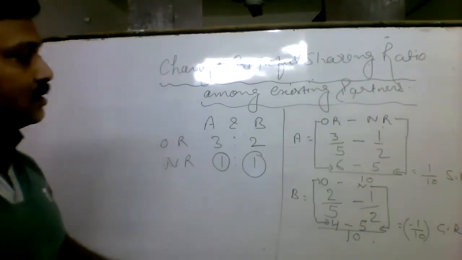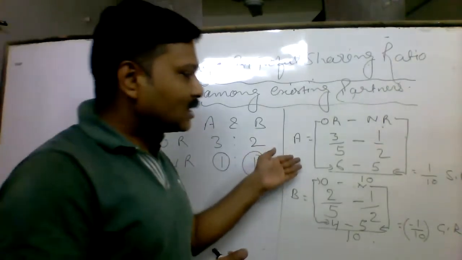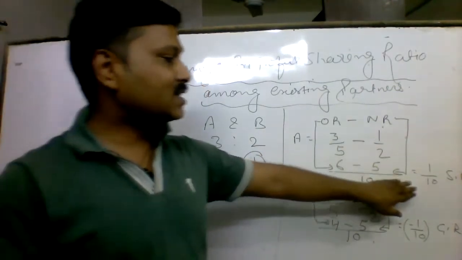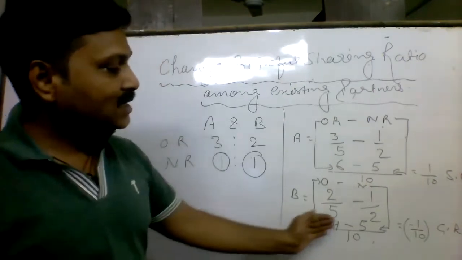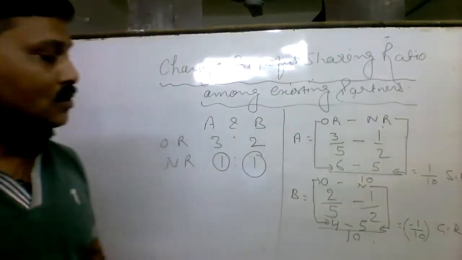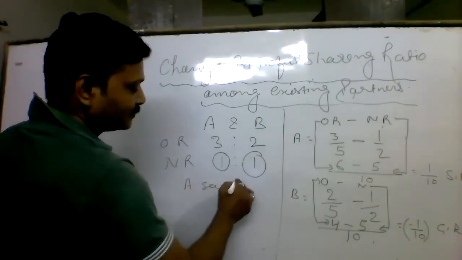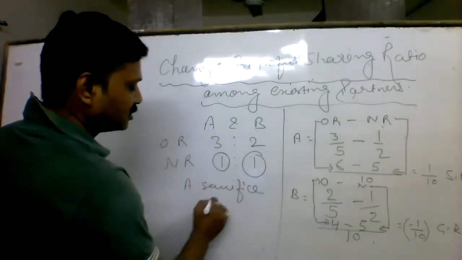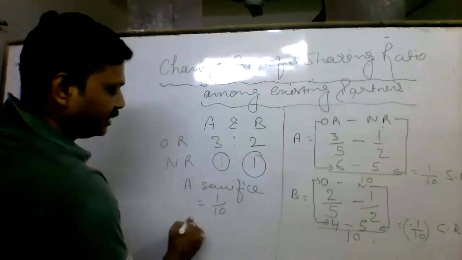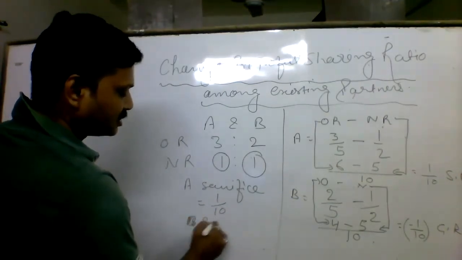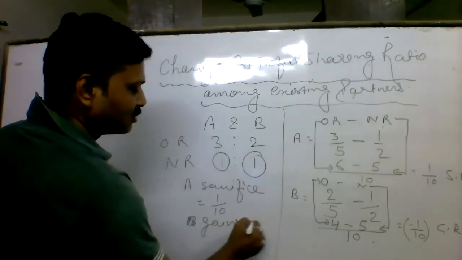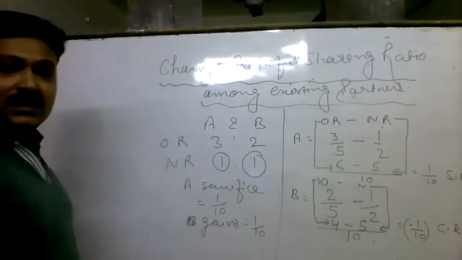The effect of this change we have calculated here: A's sacrifice is equal to 1/10 and B's gain is equal to 1/10, right?